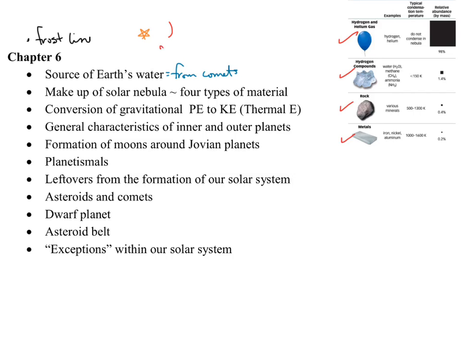So the frost line we said today was the thing between Mars and Jupiter. If I were to superimpose the frost line on our composition over here, I would put it between the rock and the hydrogen compounds.